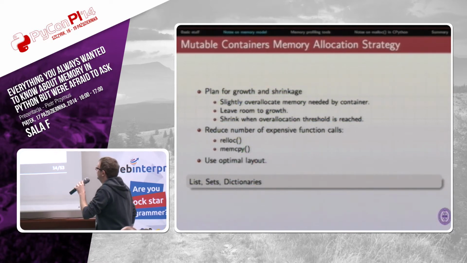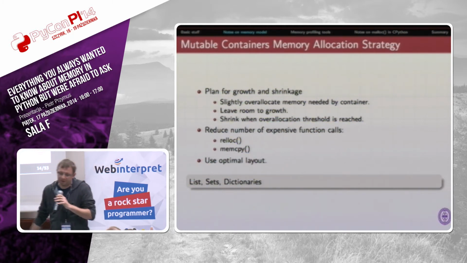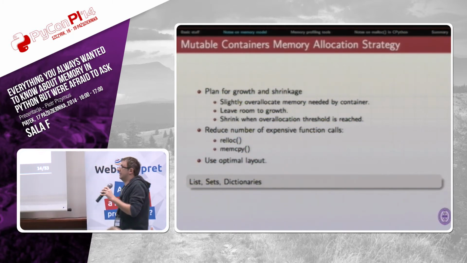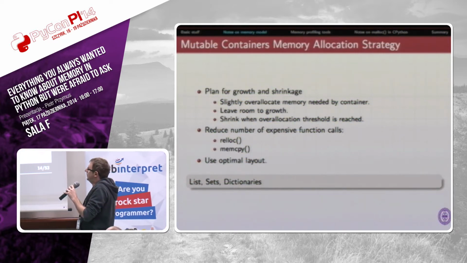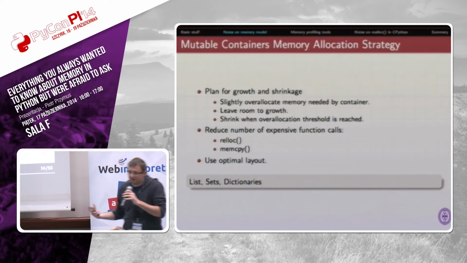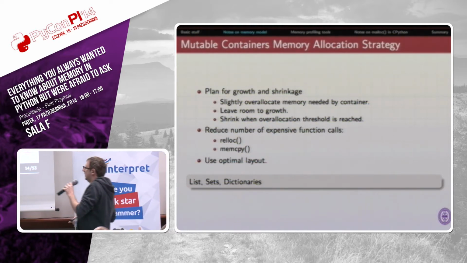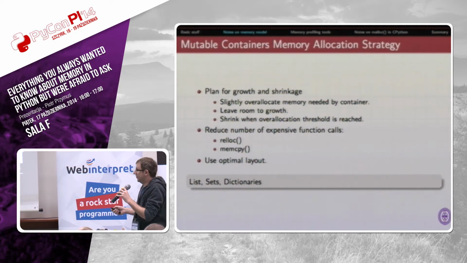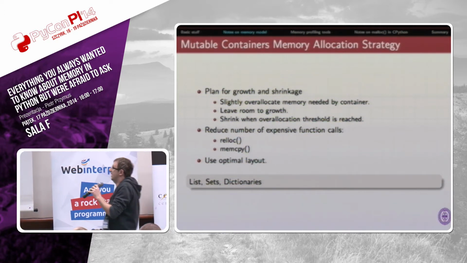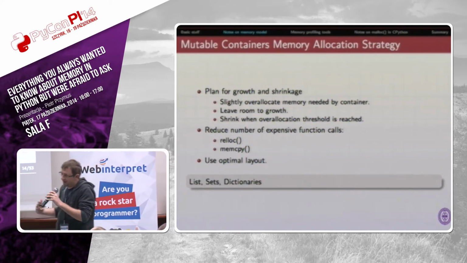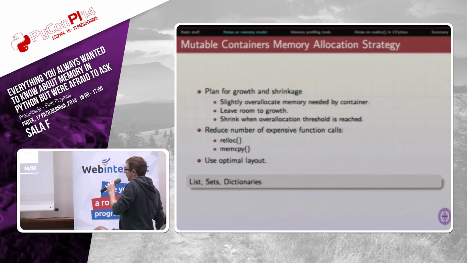Now something more advanced. In Python, we have different types of mutable containers. So actually, you get lists, dictionaries, and so on. And there is some allocation strategy for all of these types. And actually, the strategy is that each of these mutable containers will slightly overallocate memory just to gain, well, maybe not a little, but just to gain performance.